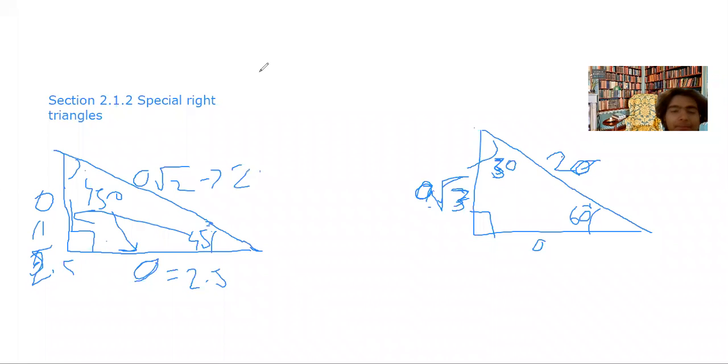So these are really simple, I would say. You don't really need to worry much about this. Just remember the opposite of the 90 degree angle is going to be A times the square root of 2. This is for 45, 45, 90 triangles.